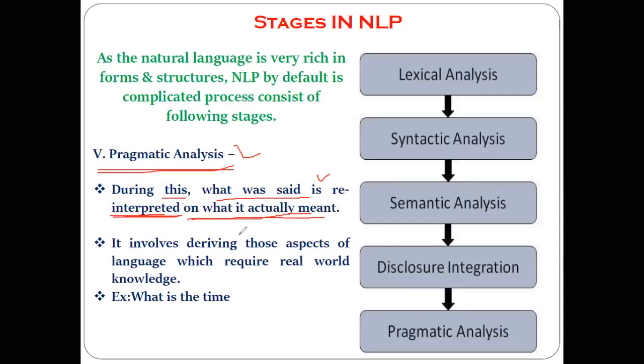Now he can reach the meaning, when he understands what I am asking him, when he has the real world knowledge of English, or any natural language. Yes or no? Yes, sir. You are getting my point? When you have the real world knowledge of any natural language, then only can he understand what I am trying to communicate with him.